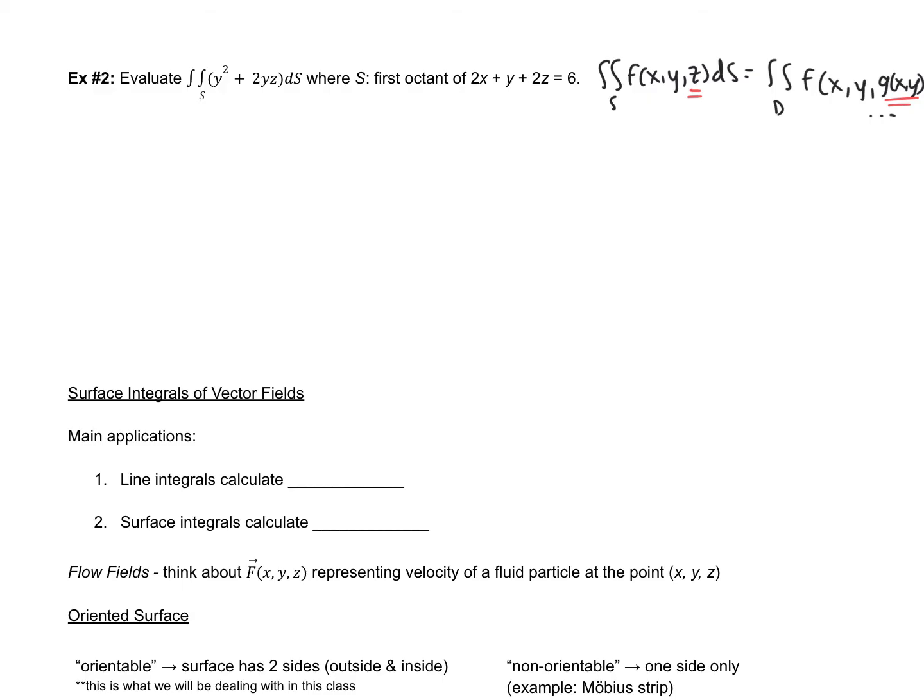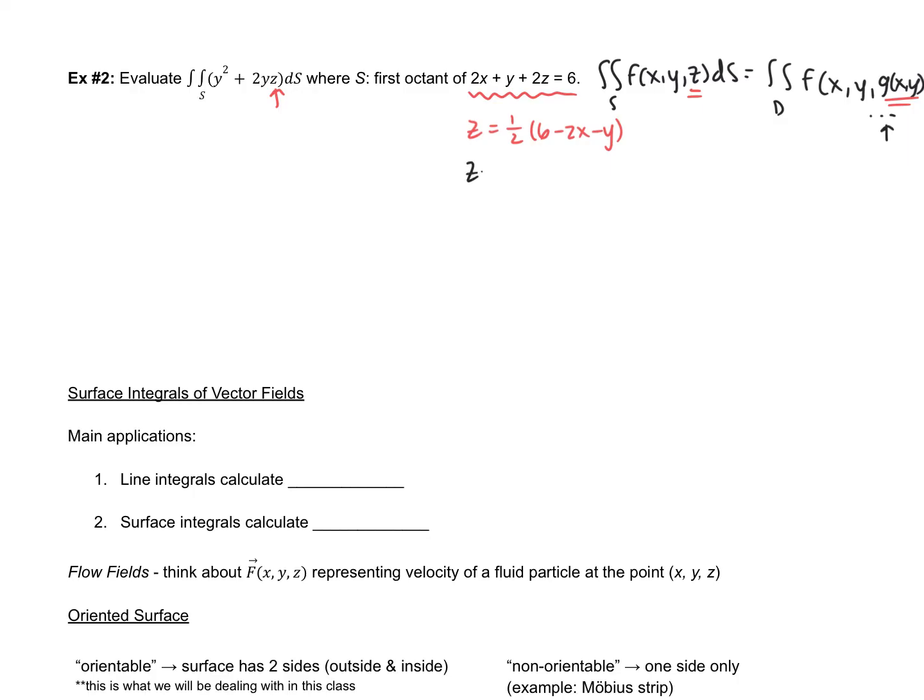So what we're going to do is use this S to solve for z, which we then can substitute into our function. So we get z is equal to 1/2 times 6 subtract 2x subtract y. And then if you remember, after this f of x, y, g of x, y, we're also going to need the expression for surface area.